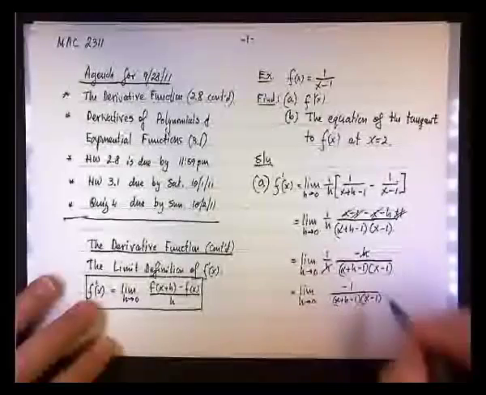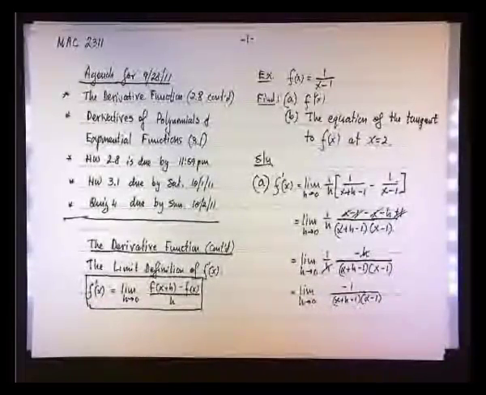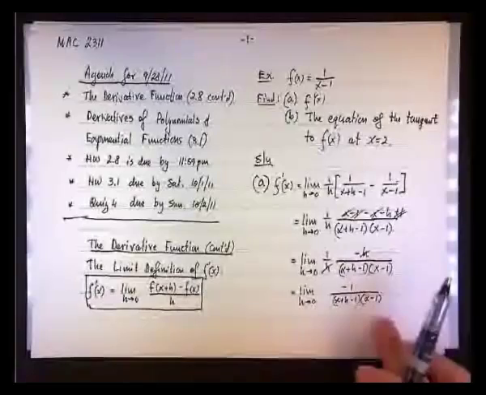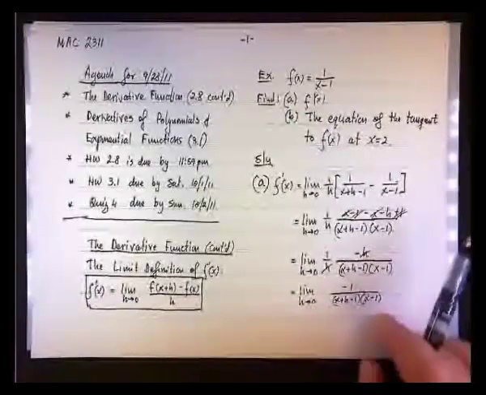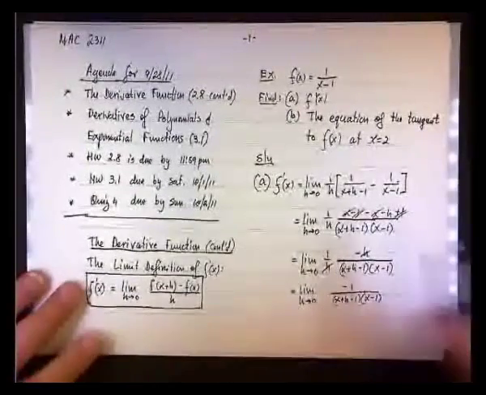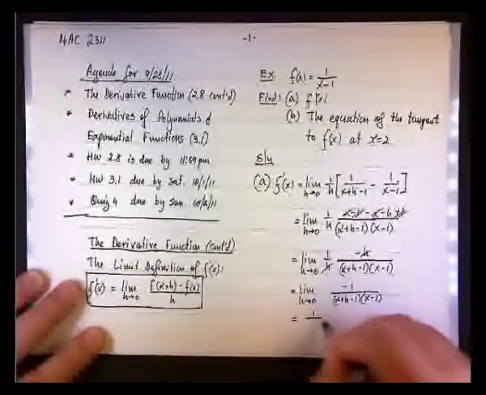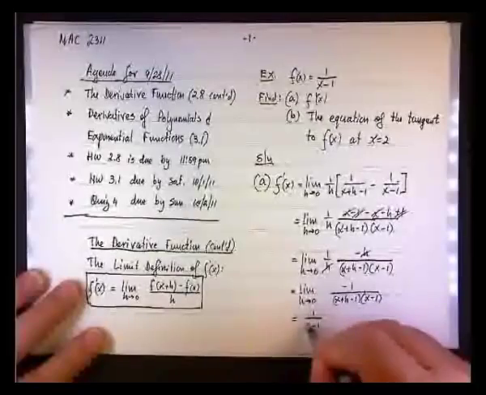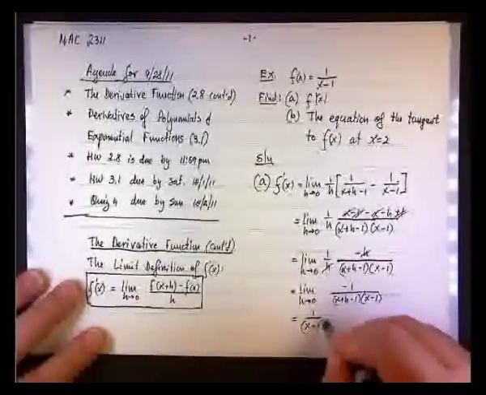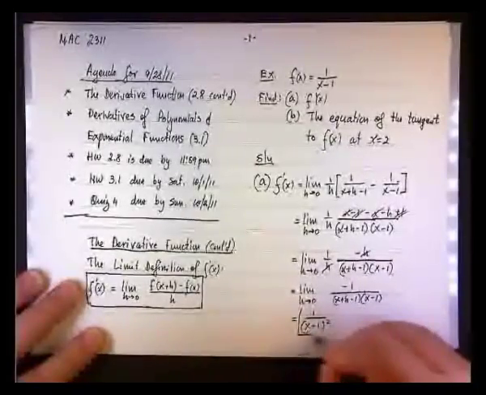As I said a minute ago, we can apply direct substitution because replacing h with 0 does not make the argument of the limit undefined. So by substitution, we end up having 1 over x minus 1 times x minus 1, or simply x minus 1 squared.